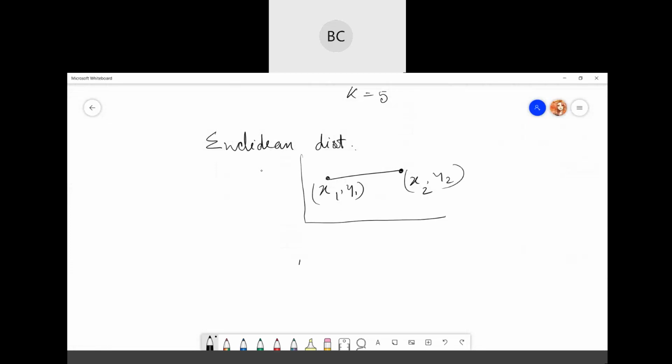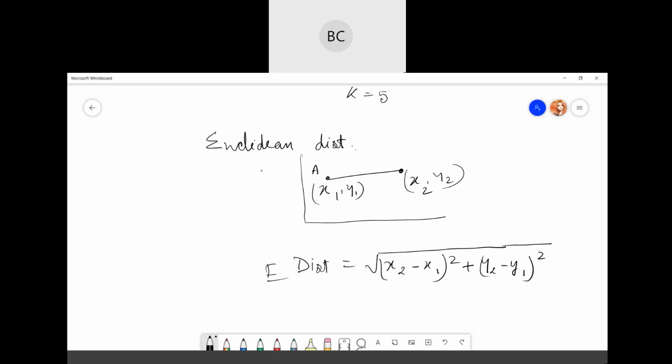So your Euclidean distance will be the square root of (x2 minus x1) squared plus (y2 minus y1) squared. That's the basic equation to find the distance between any 2 points.